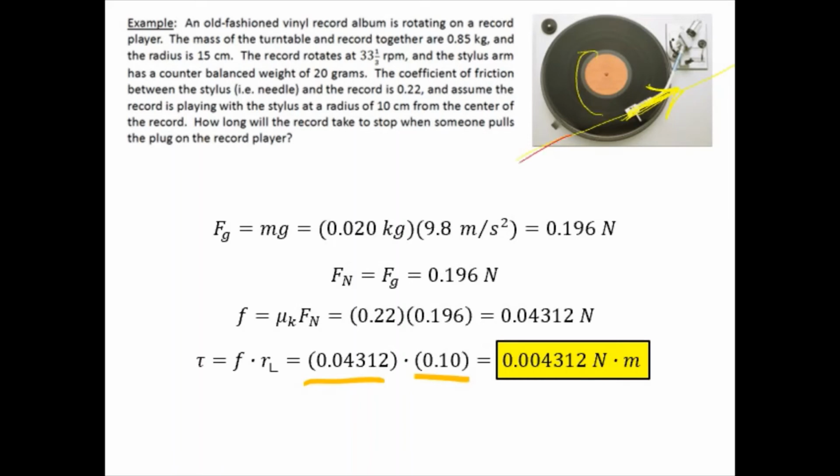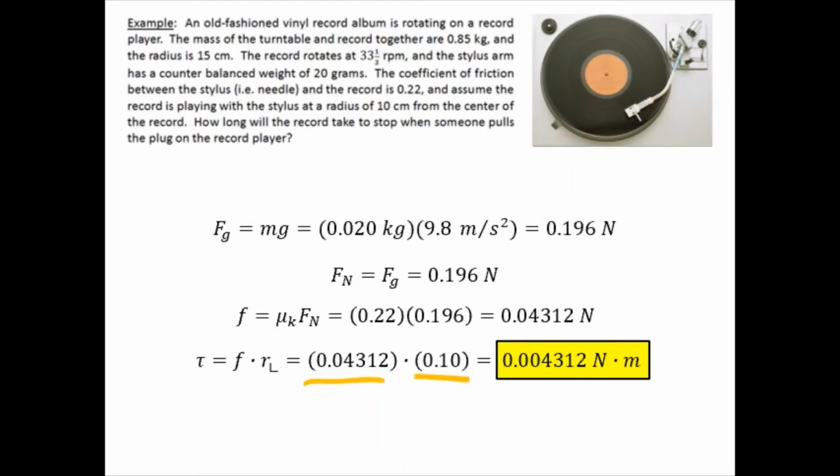Notice that if that's the line of action of the force right there, in a different color, then the moment arm is the shortest distance, which is the perpendicular distance from the center of rotation, which is really just the radius at which that friction acts, which we were told was 10 centimeters, up here where the stylus is.